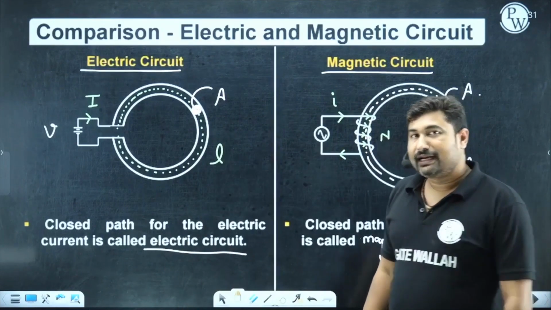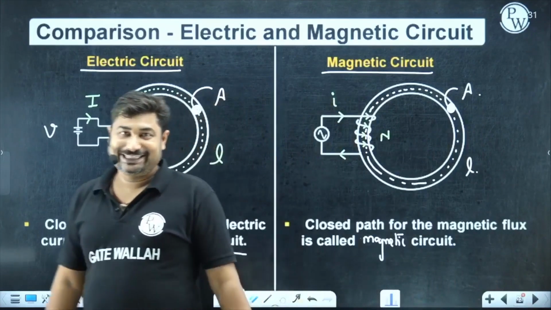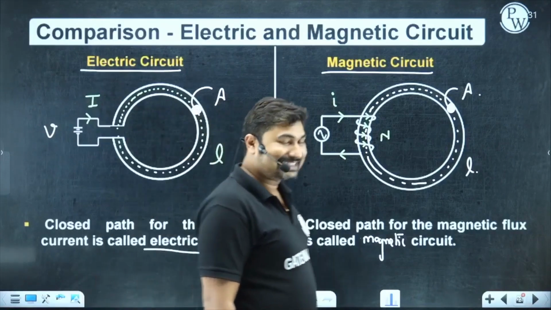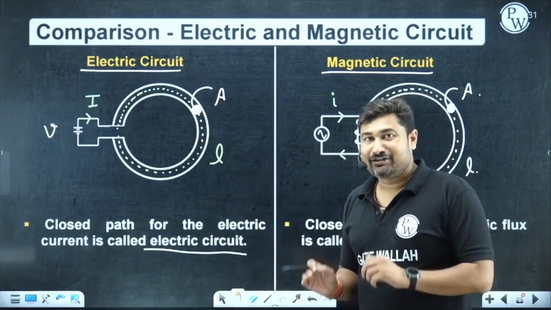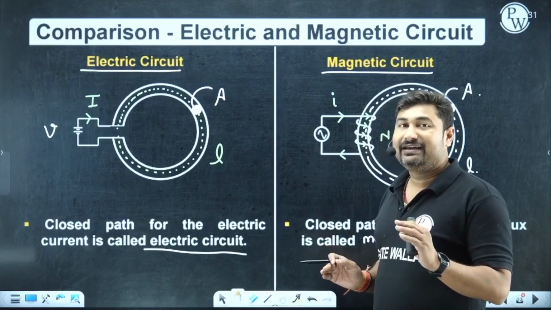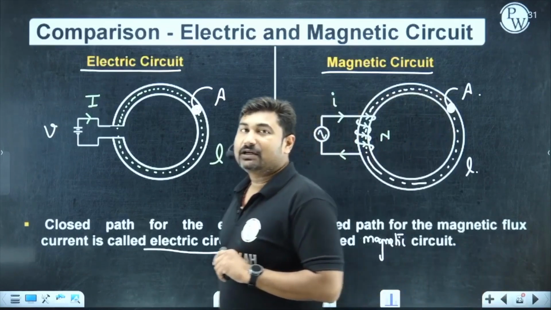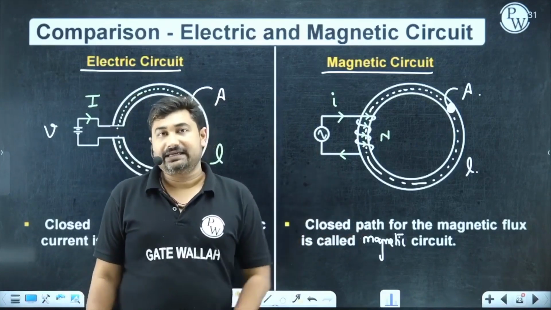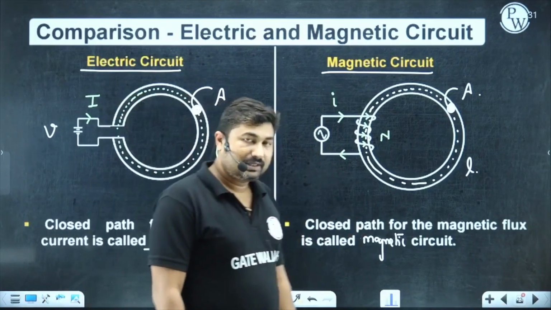So now you know what is electric circuit and what is magnetic circuit. Hoping this point is clear to you? If a closed path is available for the current, then only you can define an electric circuit. Similarly, when there is a closed path for the magnetic flux, then that path is defined as a magnetic circuit. Is it okay? Yes, sir.